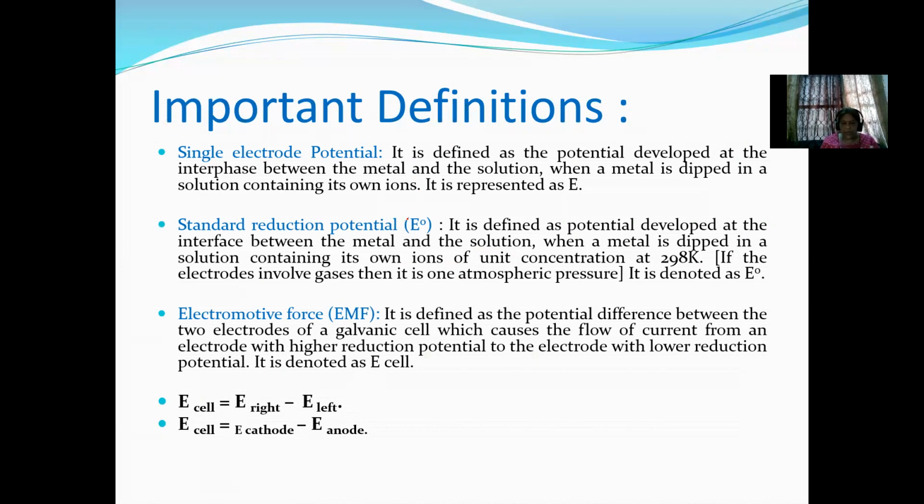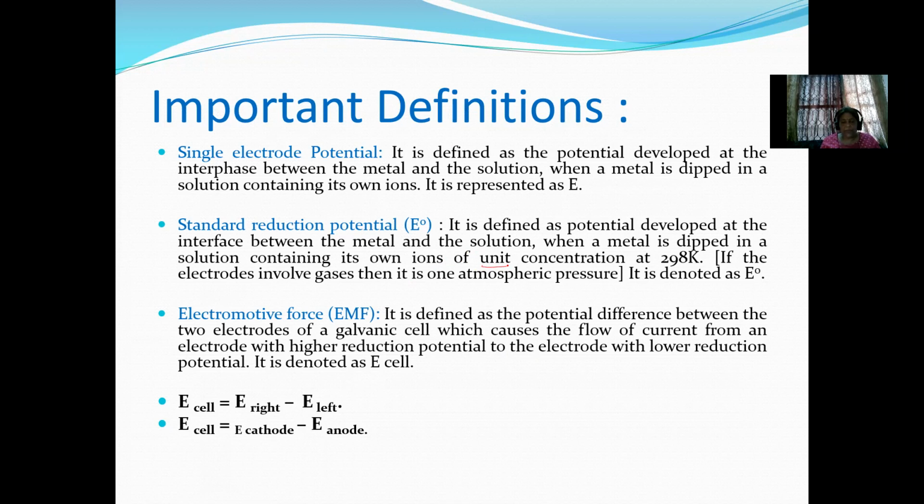Try to understand this difference: one is the general electrode potential, another is the standard electrode potential. And always remember these electrode potentials we always consider as the reduction potential, that is the potential during the reaction process. It is defined as the potential developed at the interface between the metal and the solution when a metal is dipped in a solution containing its own ions at unit concentration.